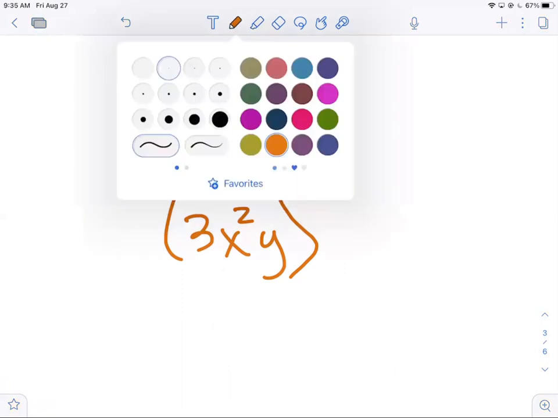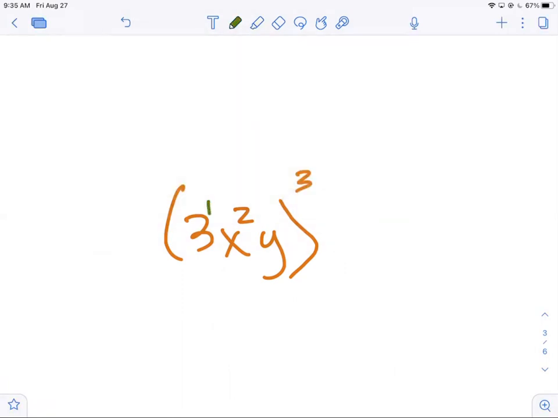If you put little exponents on everything that doesn't have one, put a 1, now you can distribute the exponent and multiply. That's 3 cubed, x to the 6, y to the 3rd. And again, it should make sense why. If you write that out 3 times side by side, you can collect your like factors.